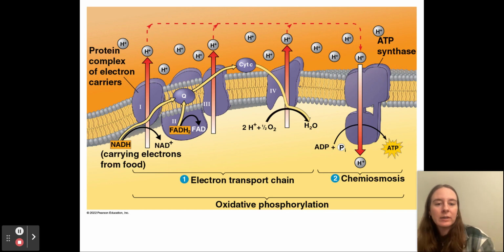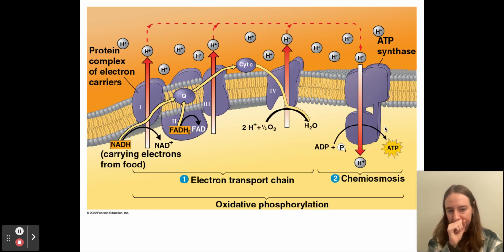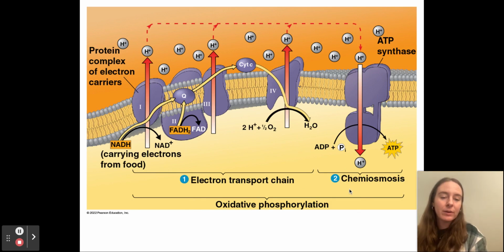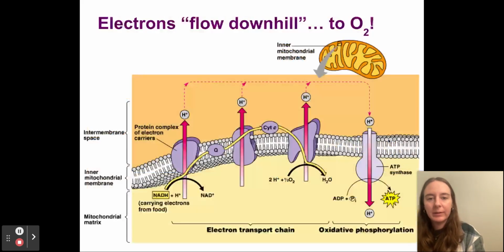That takes energy, and we are going to generate ATP. Another word for this is chemiosmosis. So chemiosmosis is diffusing hydrogen down its concentration gradient and allowing ATP to be created through this, right? So this whole thing is called oxidative phosphorylation. So that's how we're making ATP here.